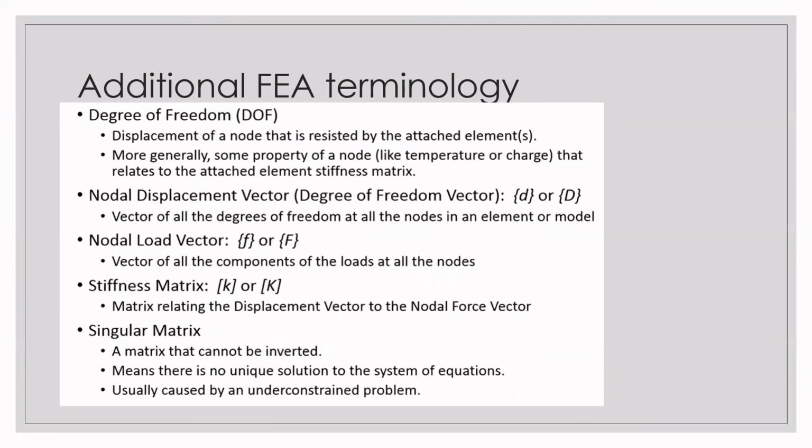And here we have some other terms that are going to be important to know. We start out with a degree of freedom. How can we define a degree of freedom, or DOF? A degree of freedom is, in the case of stress analysis, simply the displacement of a node, and it is the displacement that is specifically resisted by the element that the node is attached to.